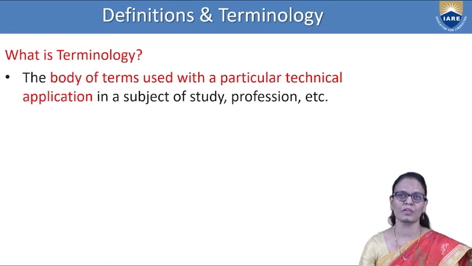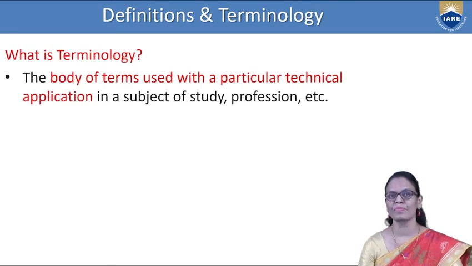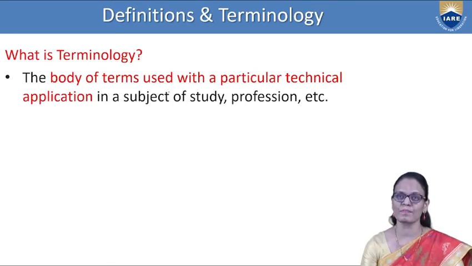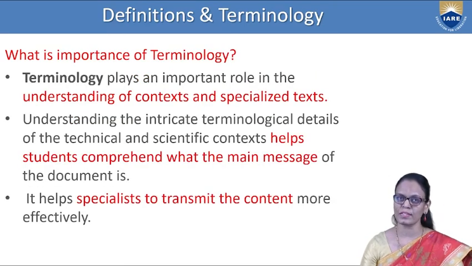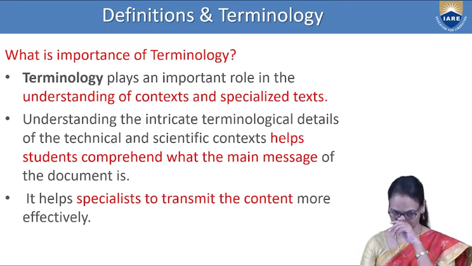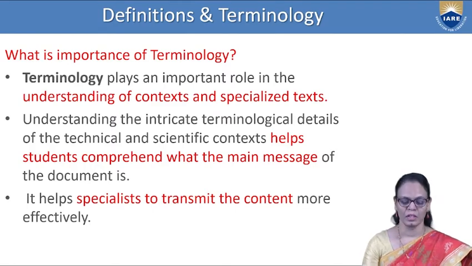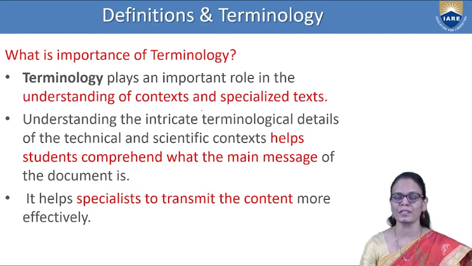Now coming to terminology. What is terminology? It is the body of terms used with a particular technical application in a subject of study or profession. So what is the importance of terminology? Terminology plays an important role in understanding the context and specialized texts.